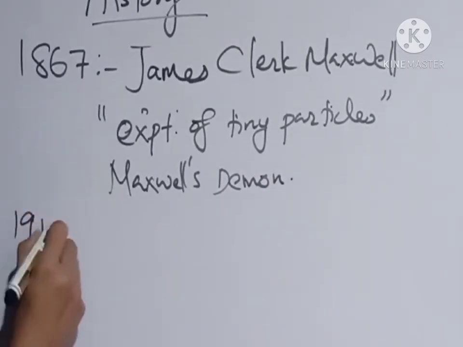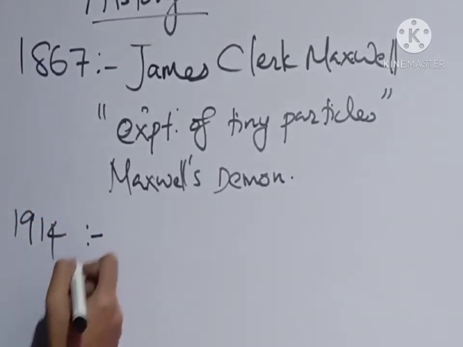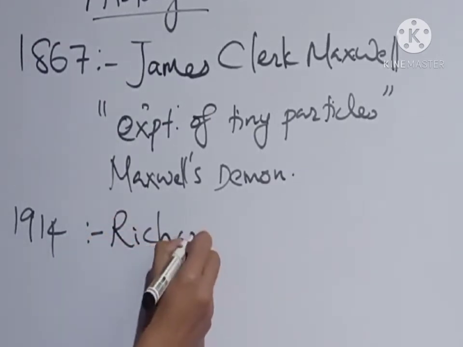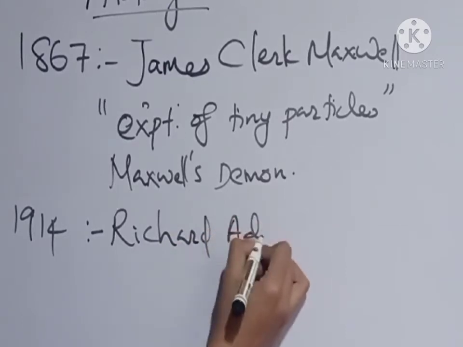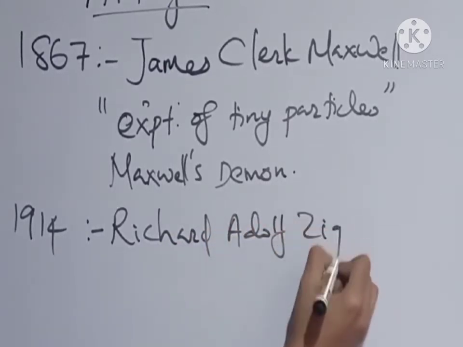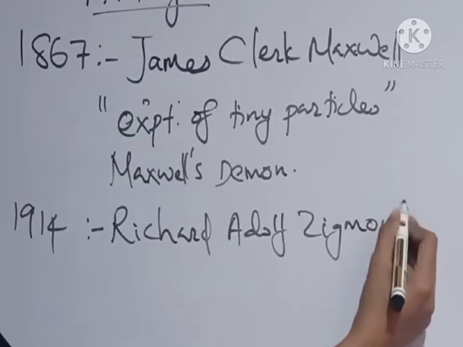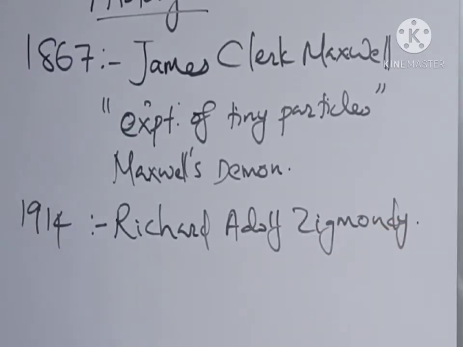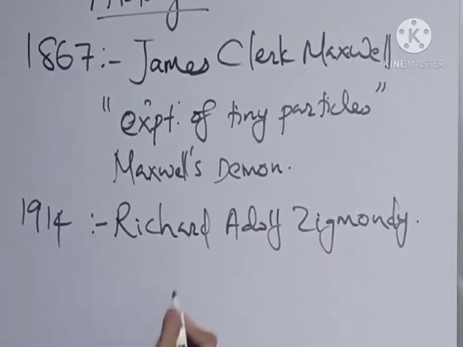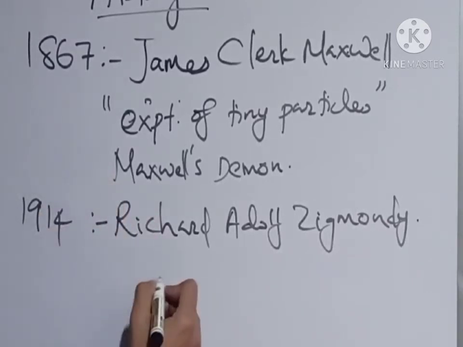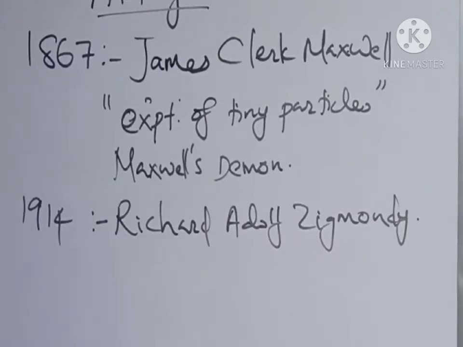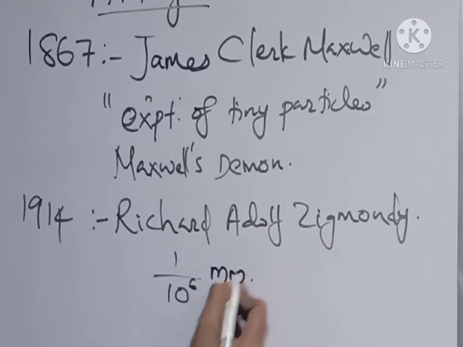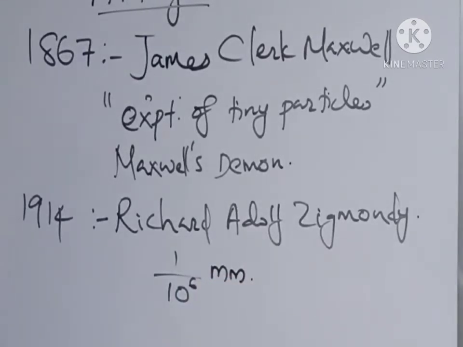Later in 1914, Richard Adolph Zsigmondy determined the dimension of these tiny particles, and he proposed that the dimension of this tiny particle comes under the range of 1 by 10 raised to 6th of a millimeter.